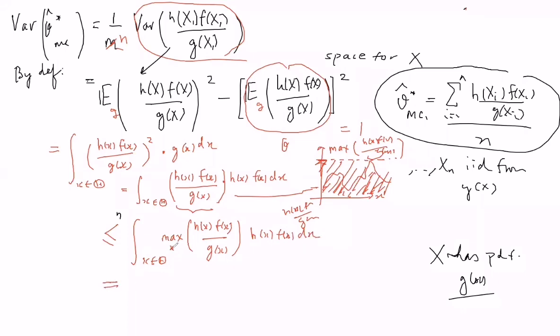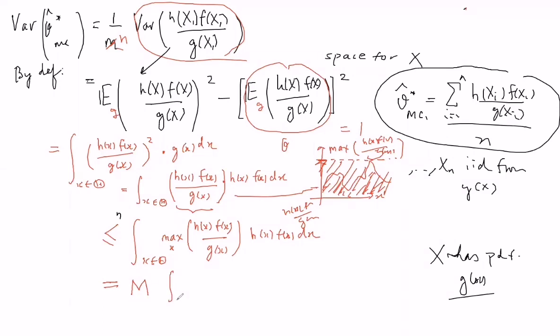And of course, you could take this out because the max is a constant, right? So let's say I take this out, and I write it as m.